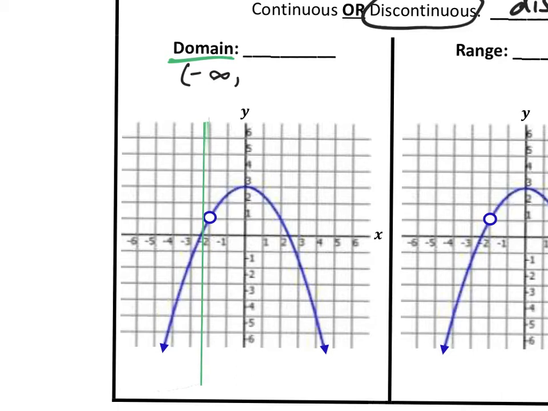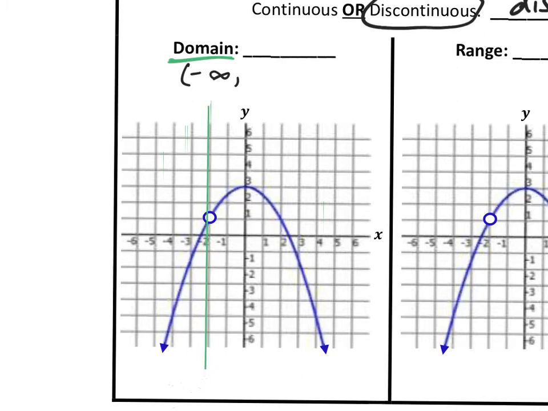So I'm going to have to do two intervals, two sets of parentheses, because the graph is divided into two pieces, right? This piece on the left side and then the piece on the right side. Because there are two pieces, I have to figure out where my first piece ends.